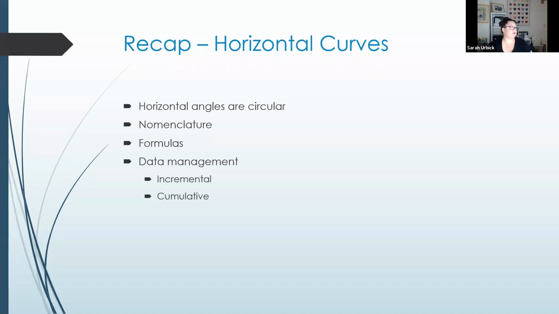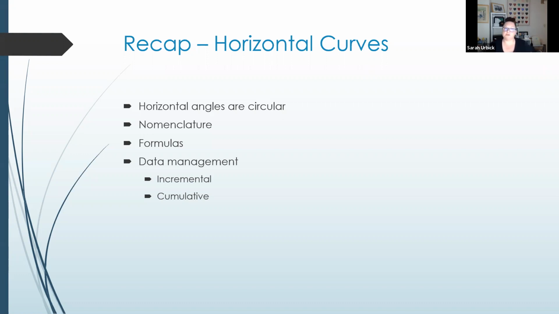All right, recap horizontal curves. See, I said horizontal angles on here. Horizontal curves are circular, right? All the properties associated with circular geometry and the angles that we get from that, the radius, the interior angle, the chord length, the tangent properties. Keep that in mind. When we're talking horizontal curves, we have them in a plan view, a flat overhead view, and then we deal with circles.